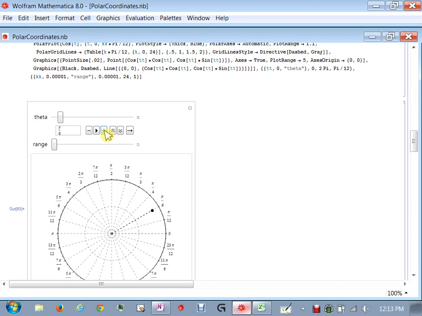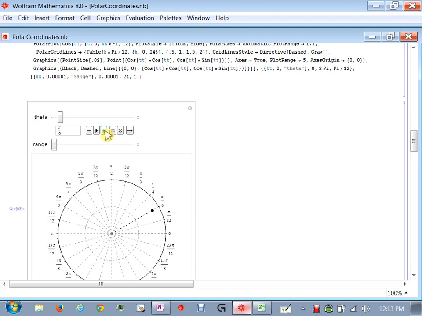So what you would do is go to pi over 6, which is what I'm going to plug in. And then cosine of pi over 6. What's cosine of pi over 6? Square root of 3 over 2. What is that as a decimal?